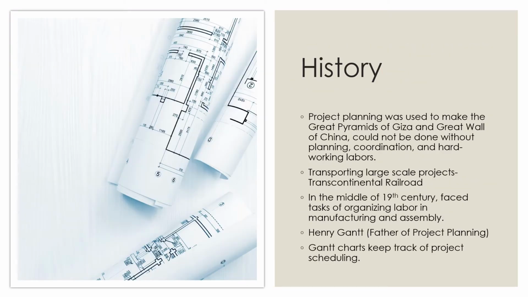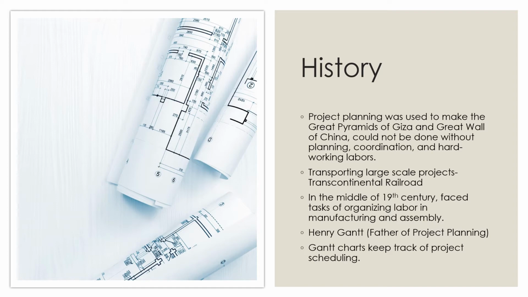Let's move on, and now I'm going to tell you some history behind it. Technically, project planning was used to make the Great Pyramids of Giza and the Great Wall of China, which could not be done without some planning and coordination, as I already discussed in my slides. Henry Gantt is the father of project management.